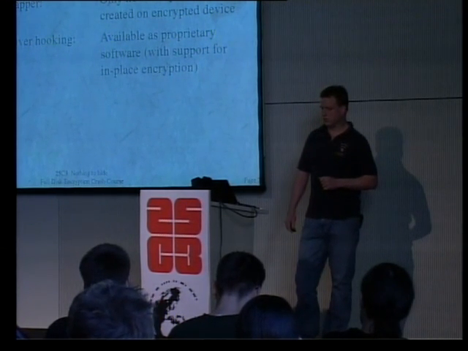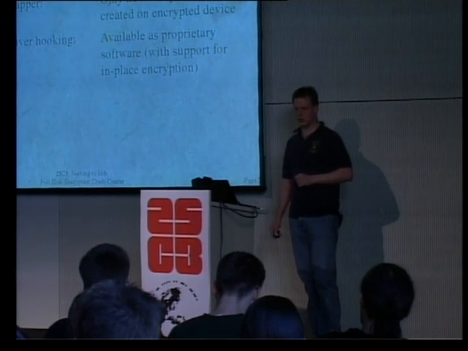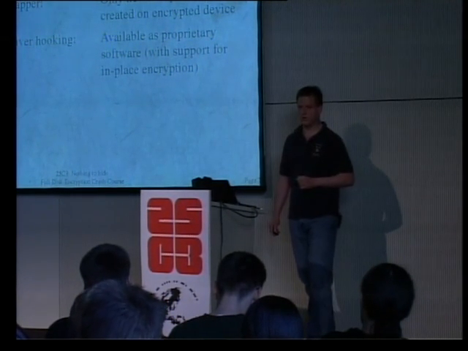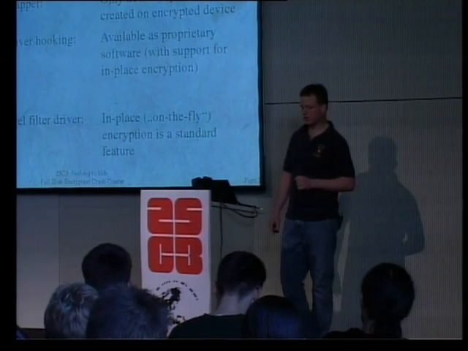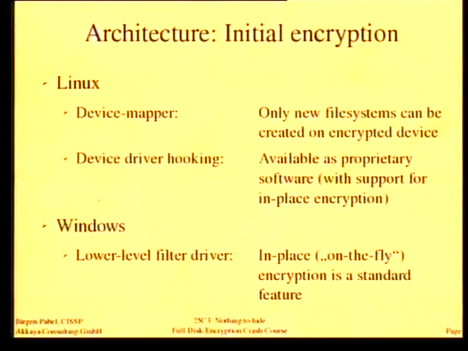So in Windows, the device driver pretty much is implemented like a device driver hooking in Linux, through the lower level filter driver, and the in-place on-the-fly disk encryption is a standard feature in Windows. Windows users would not take, okay, you have to reinstall Windows in order to get disk encryption.